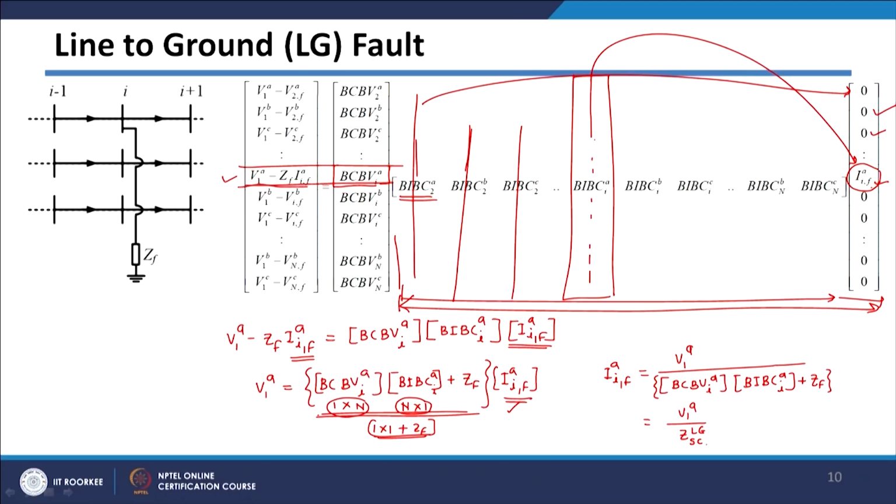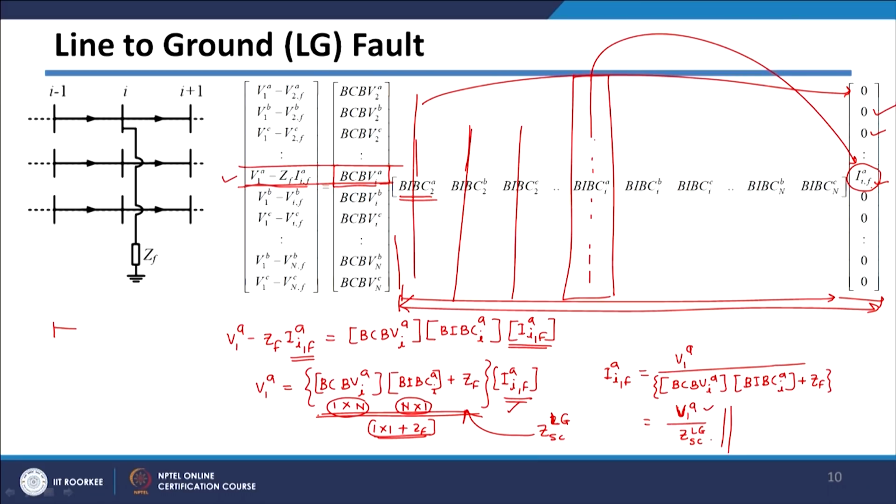So basically this ZSC in LG fault is given by this term here. I can call this bracket the short circuit impedance in case of LG fault. If you divide with respect to V1A, V1A is known, because as I told you, V1A is the voltage at the first or source bus, and the voltages of the source bus are known.